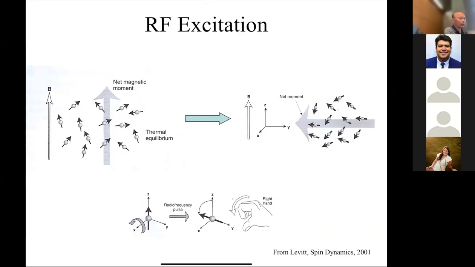The idea is that the equilibrium state, if this is the main magnetic field, is that there's going to be some component of magnetization that's aligned. But to make images, we need to tip this magnetization away from its state so that it can precess. As an analogy, it's hard to tell that this is spinning around its axis.